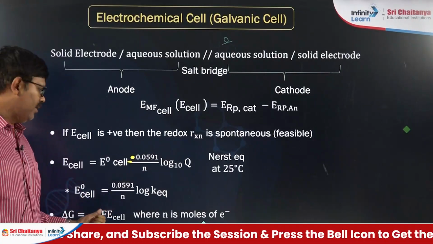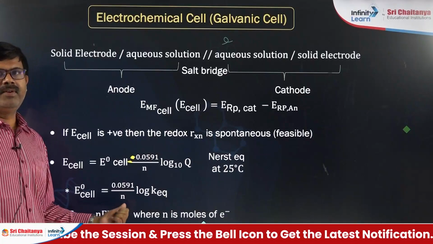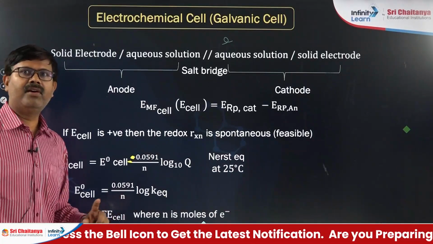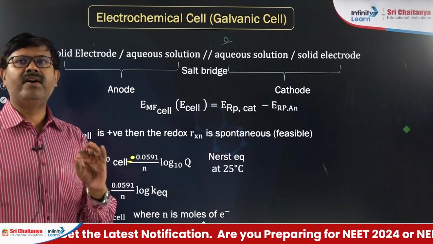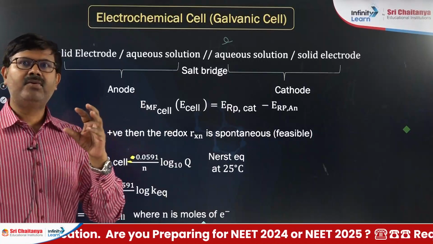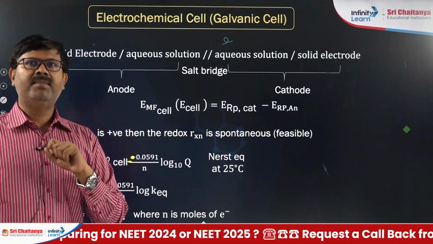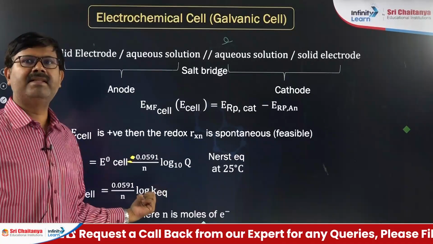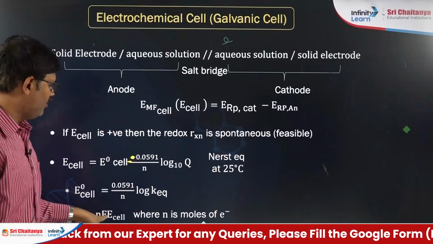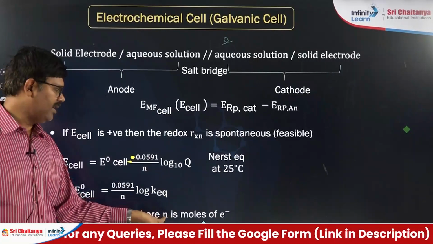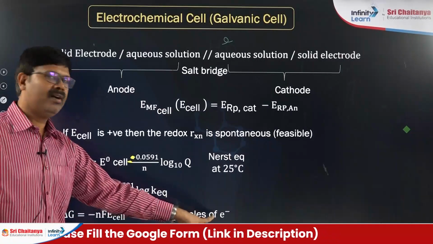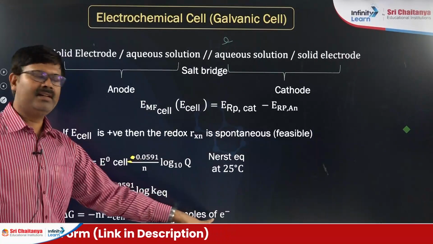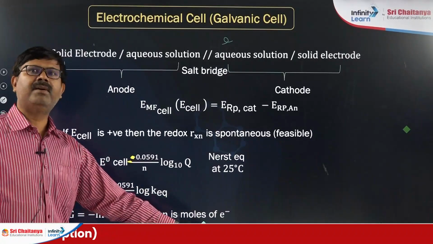Delta G is equal to minus nF into EMF of the cell, where F is 96,500 coulombs, called 1 Faraday, the charge of 1 mole of electrons. n is the moles of electrons involved in that galvanic cell reaction.